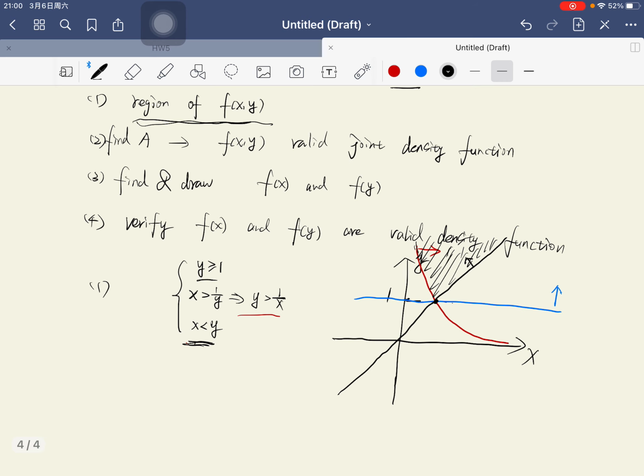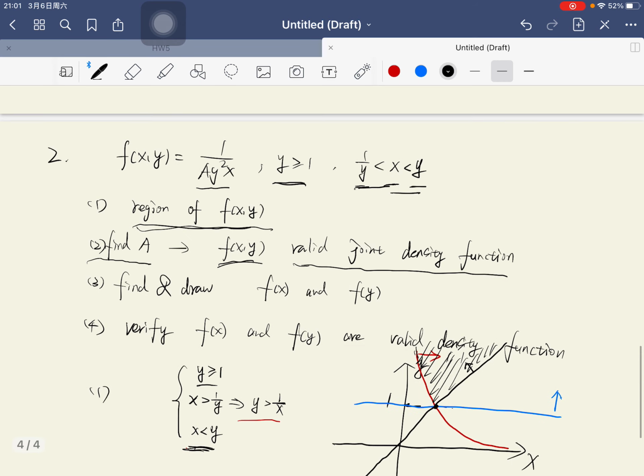For question 2, we want to find the a so that the density function of (X, Y) is a valid joint density function. So we integrate the density function of (X, Y) and it is equal to 1.